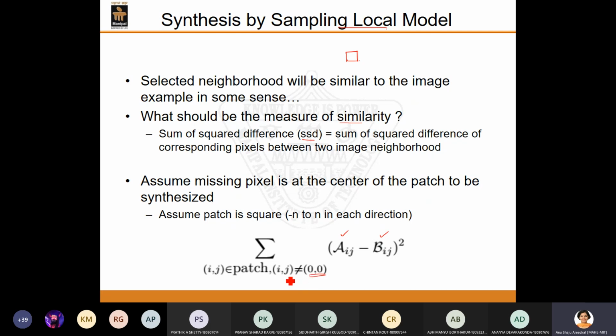So except for the region of the new pixel, for all the other regions the SSD is calculated and measured. This SSD is used as a similarity measure to see how similar the different patches in the image are with respect to the input patch, and then we select the best matching patches, and then select randomly one of them.